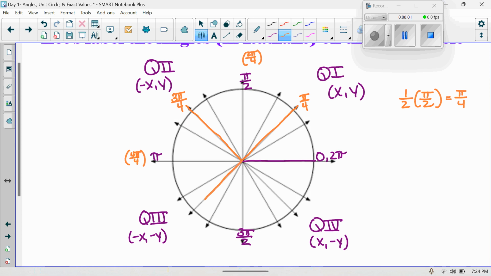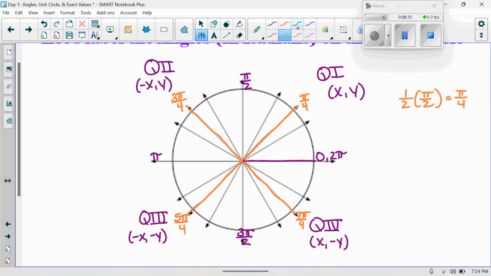Then I have over here, this is 5 pi over 4. And then over here, well, 6 pi over 4 would be down here. And then I have 7 pi over 4. And then back over here would be 8 pi over 4. So we don't need to label our quadrantal angles because they're just going to continue to reduce. So I'm going to erase those. And we're left with my pi over 4s labeled in.